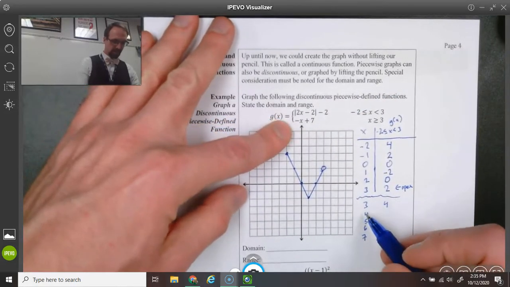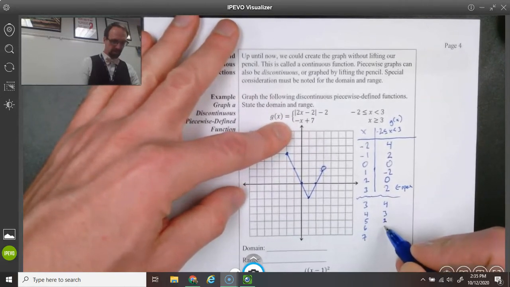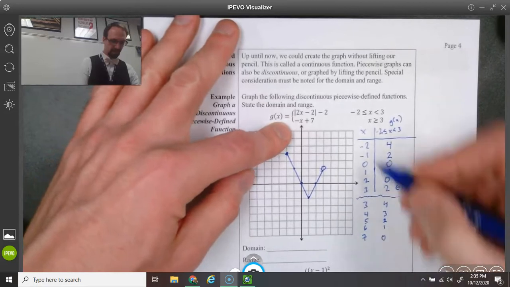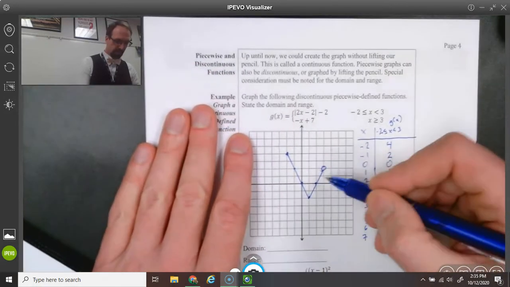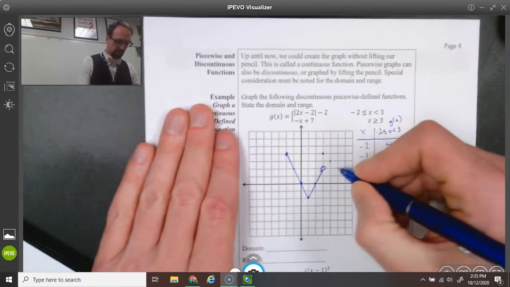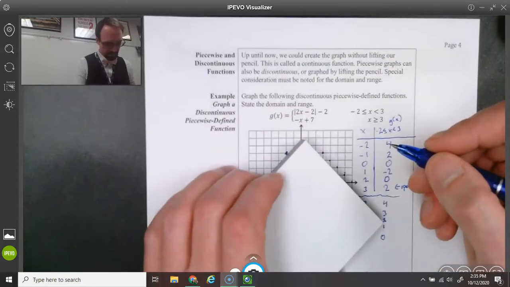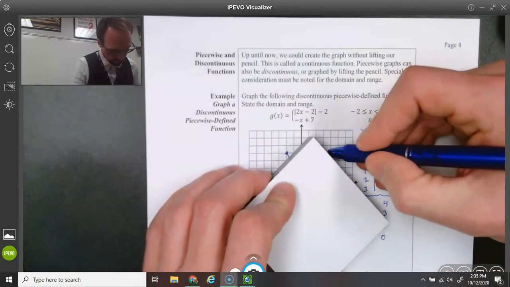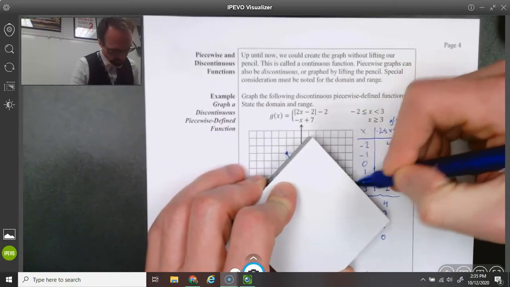Plug in 4: -4 plus 7 is 3. Then 2, 1, 0, and it continues on. So that's here, and it has a slope of -1. Then it continues on. So this is a little array we've got going on here. We have absolute value, piecewise, and an arrow.